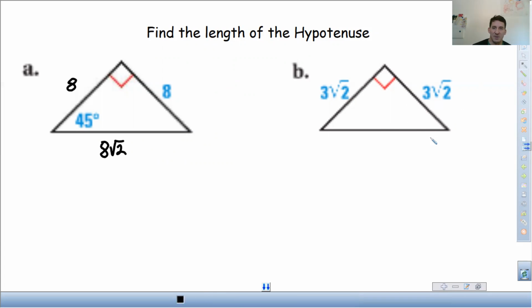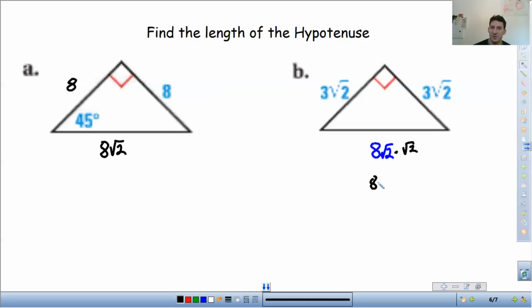This one is a little bit tougher. Actually, not even that much tougher. The leg length is 8 square root of 2. We're going to multiply that times the square root of 2. Since the square root of 2 and the square root of 2 are underneath the same radical, we can multiply those together.